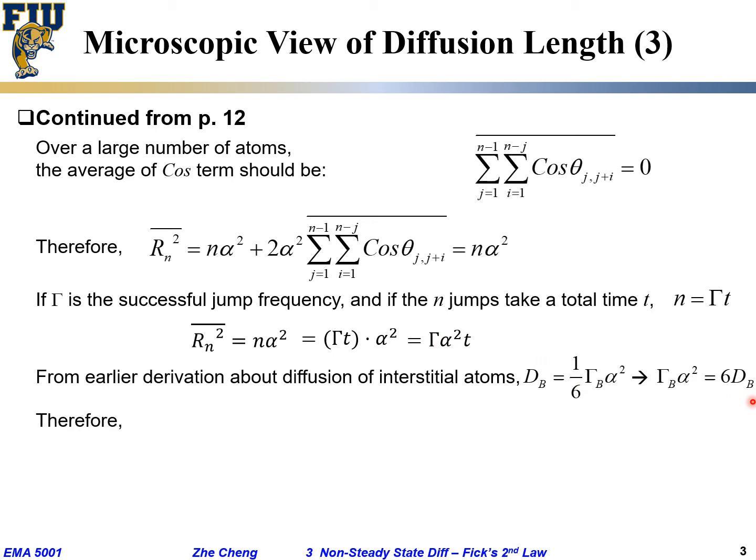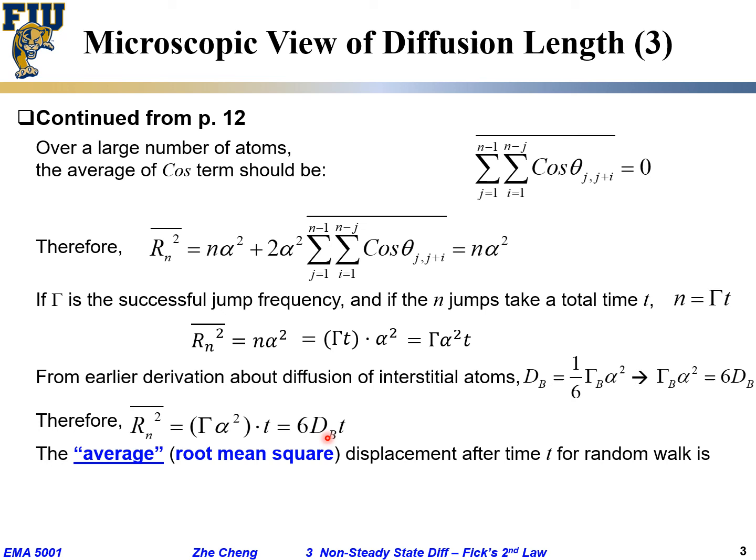Make sense? And as a result, this Rn squared average equals 6 times D times t, right? This is what we're going to have. And of course, we have the average term. It's a square term, 6Dt.